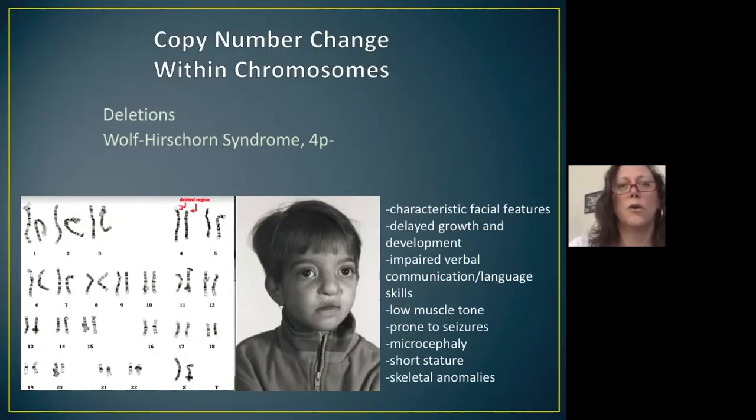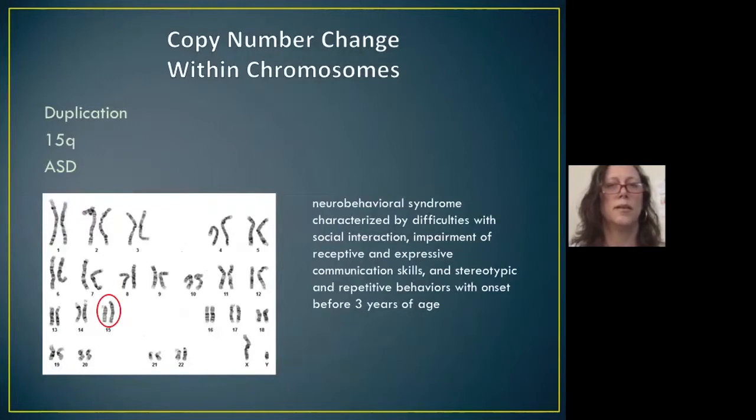Okay, so we're coming back to the autism spectrum piece of it. This is a small duplication on the Q arm of chromosome 15. Like we were all talking about earlier, this is a neurobehavioral syndrome characterized by difficulties with social interaction and impairment of receptive and expressive communication skills.